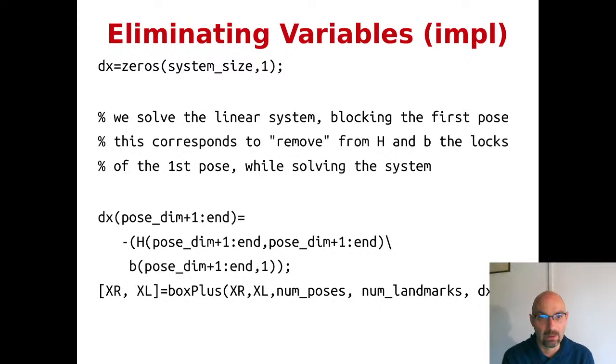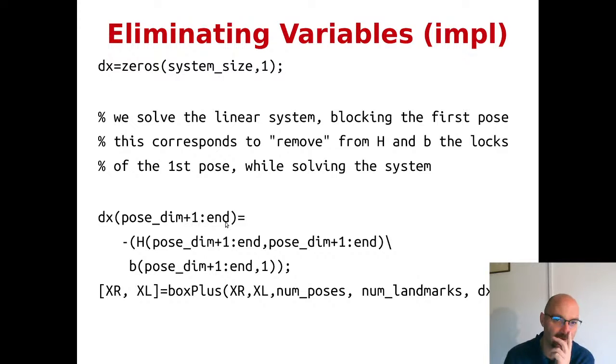And this is how to implement it in Octave. So, perturbation vector, system size is 6n plus 3n. Then, in order to solve the system, we consider a perturbation vector that starts at pose dim, basically.